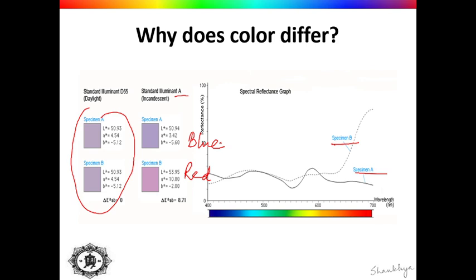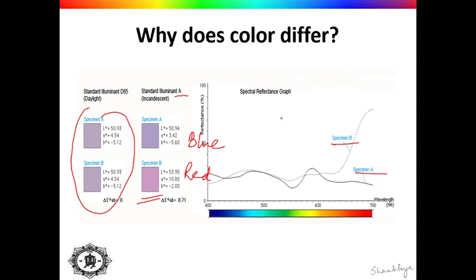Now my question to you is, what might be the guiding reasons behind specimen B having this reddish appearance? In order to answer the question, I will give you two hints.